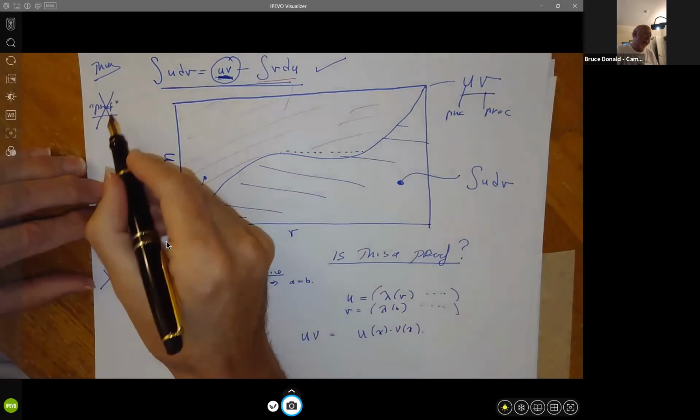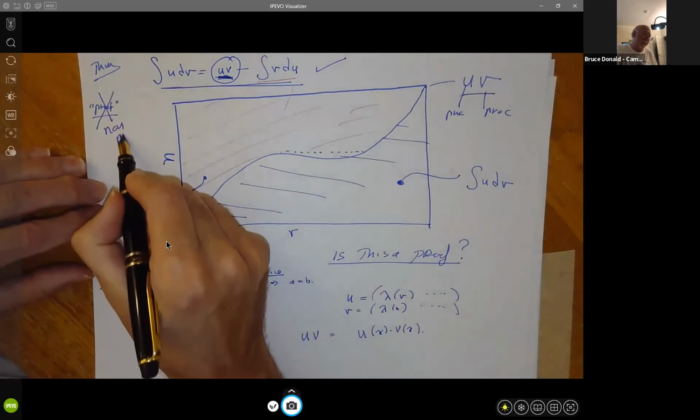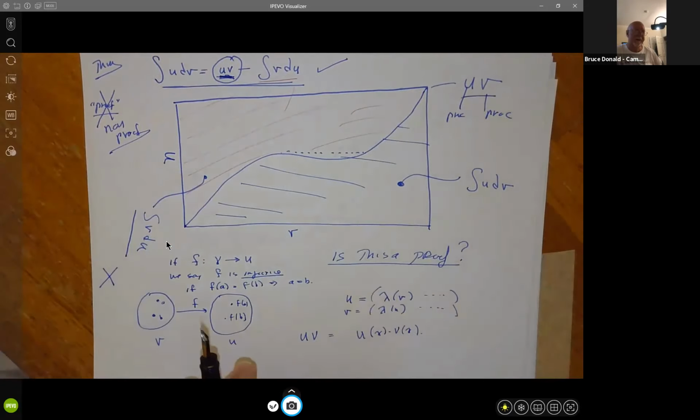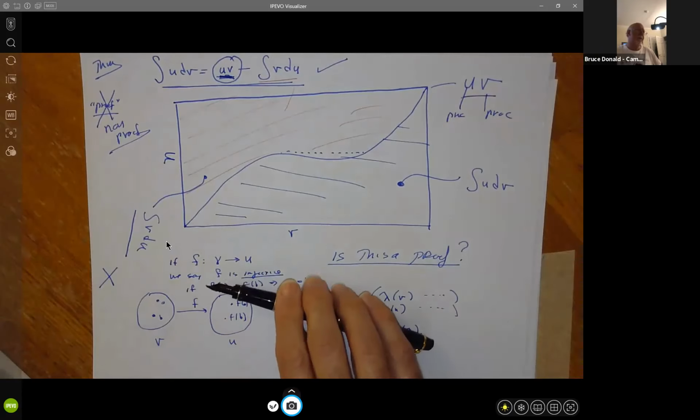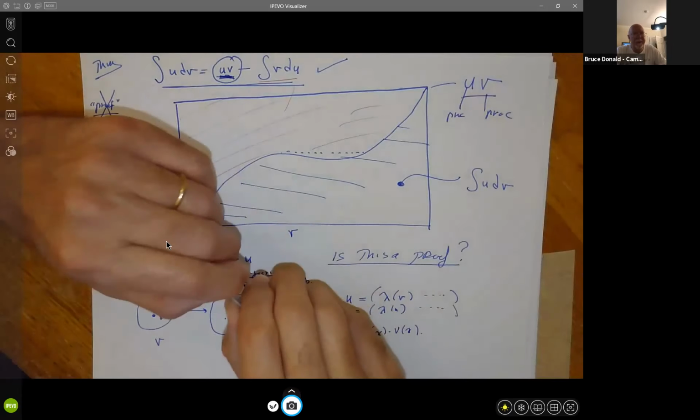And we have a non-proof. It's not completely bogus, but it's not a proof. It's a figure that might be a mnemonic for remembering what these things are, but it's at most a sort of cartoon.